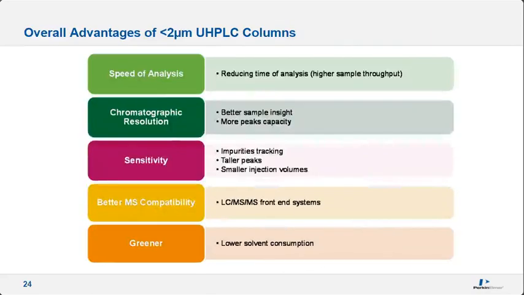What are the overall advantages of sub-2 micron HPLC columns? First of all, we have improved speed of analysis, better chromatographic resolution, which can provide better sample insight and more peak capacity, and better sensitivity, which can improve impurity tracking, generates taller peaks, and can require smaller injection volumes.